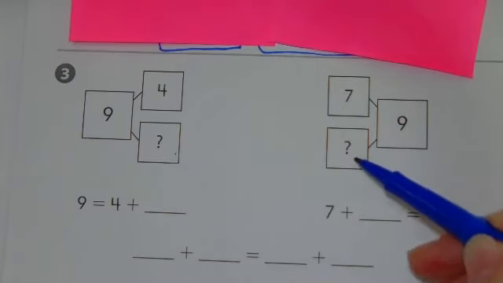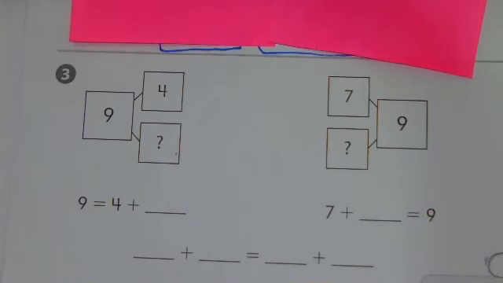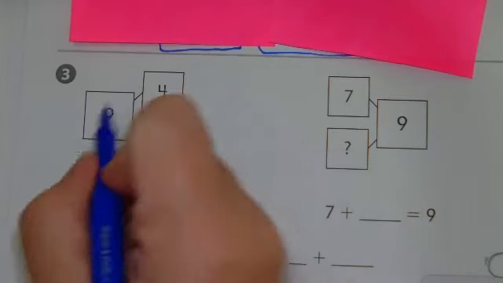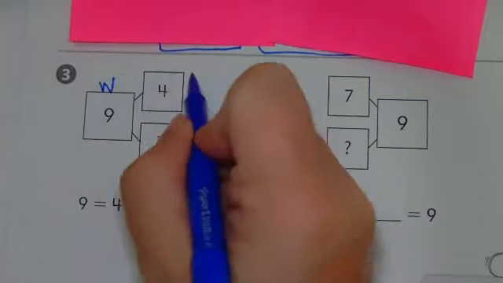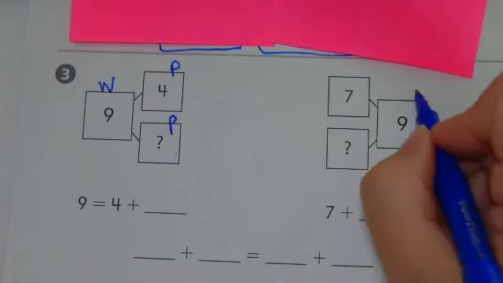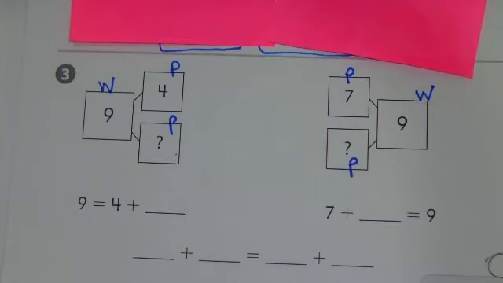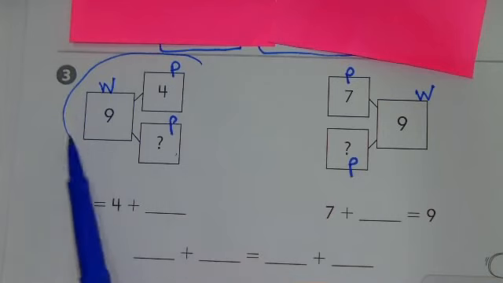We have 9, 4, and blank, and we have 7, 9, and blank. We need to label our part, whole every single time, right? So here's my whole, my part, and my part. Here's my whole, the part, and the part.